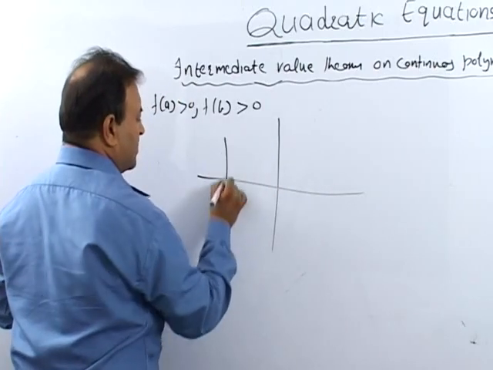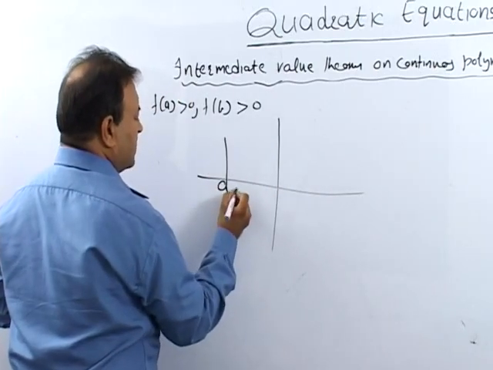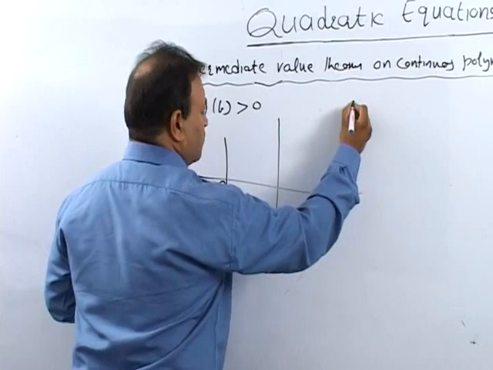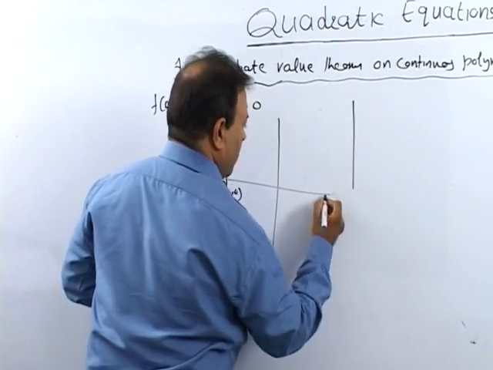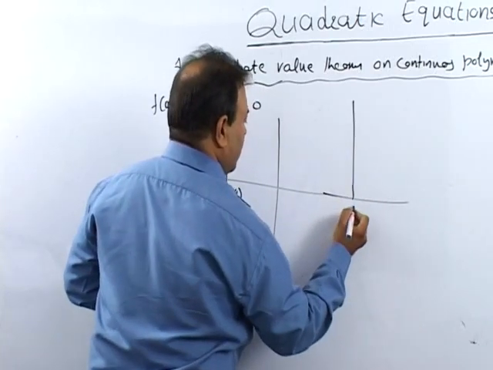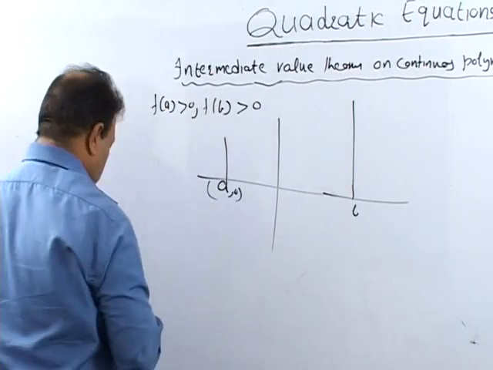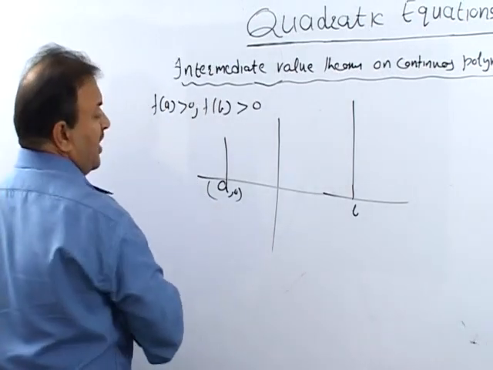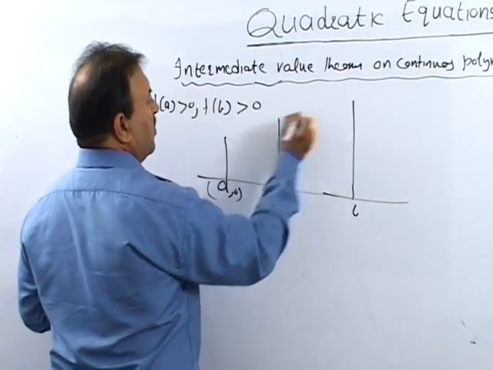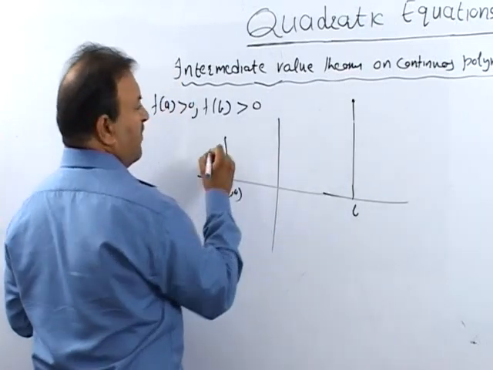Second graph: this is A, this point is (a, 0), this is B. At these 2 points, the curve will definitely pass through.